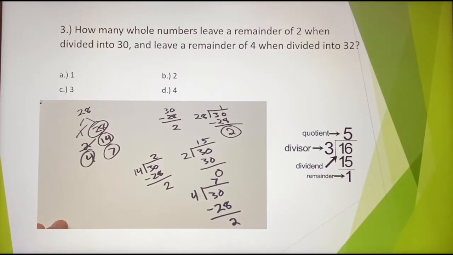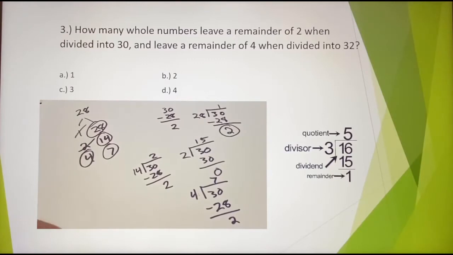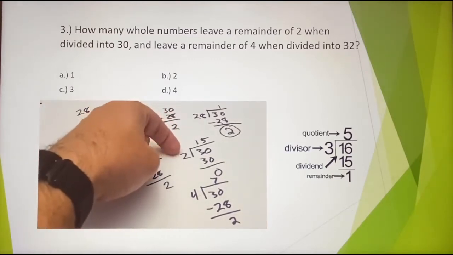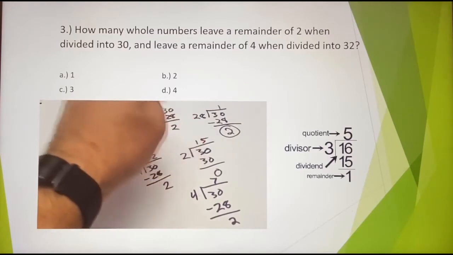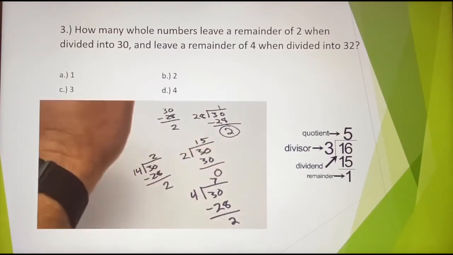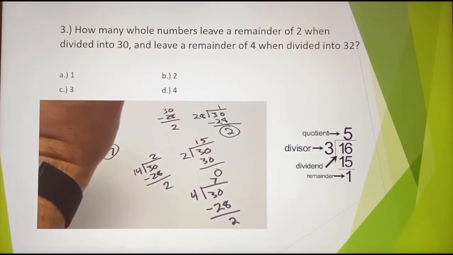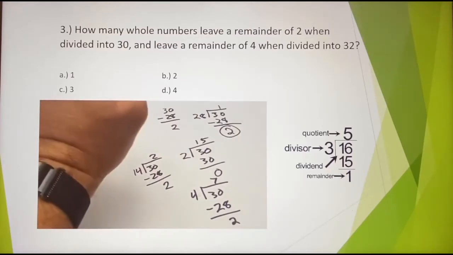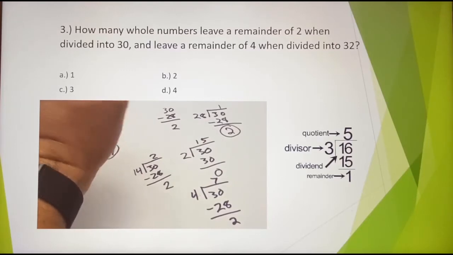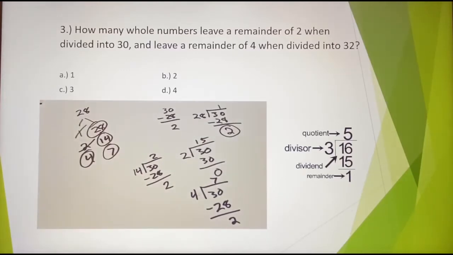One thing you want to keep in mind, like what happened here with the 2, is that since it evenly divides 30, there's a remainder of 0. 2 is a factor of 30. So any factors of the number we're dividing into will always leave a remainder of 0.